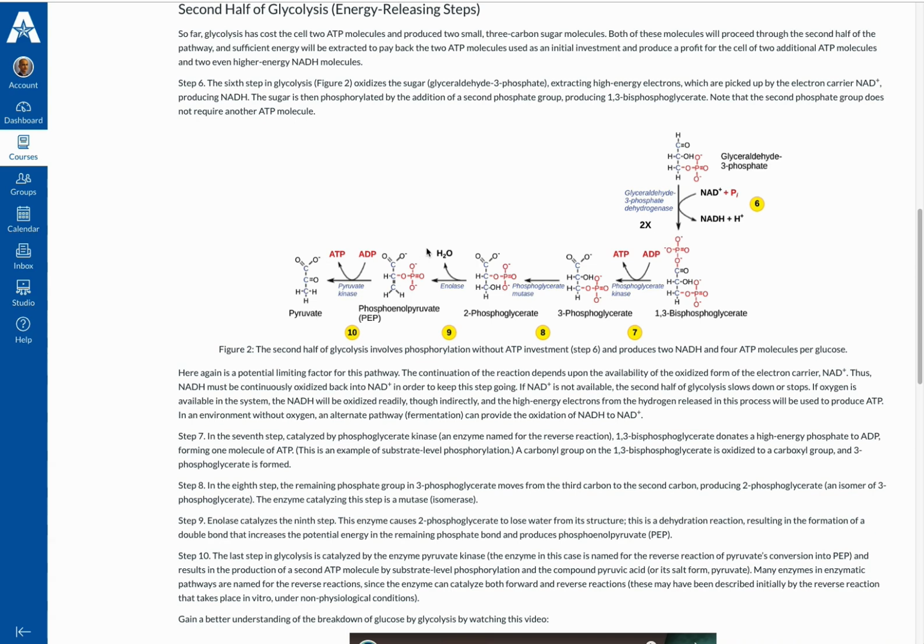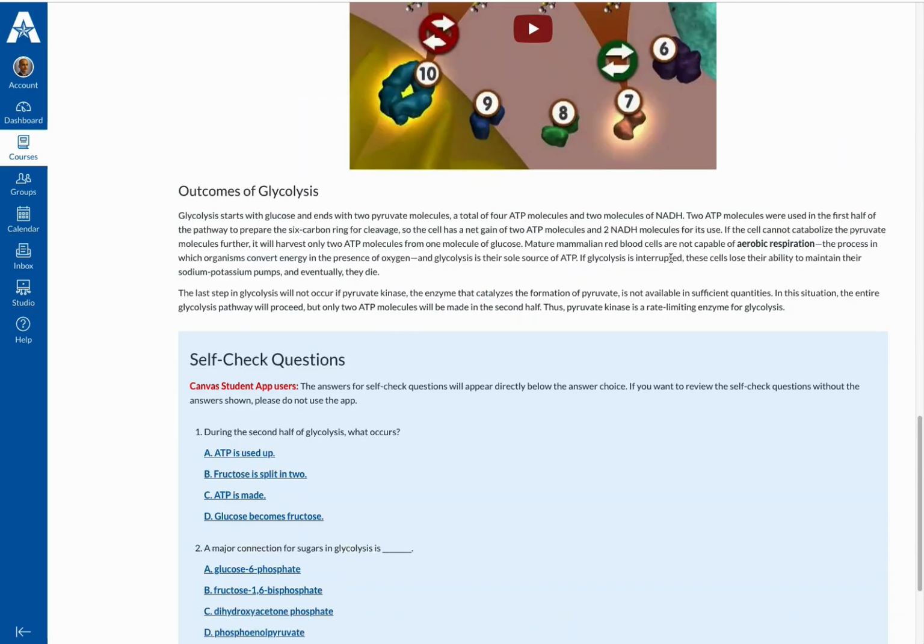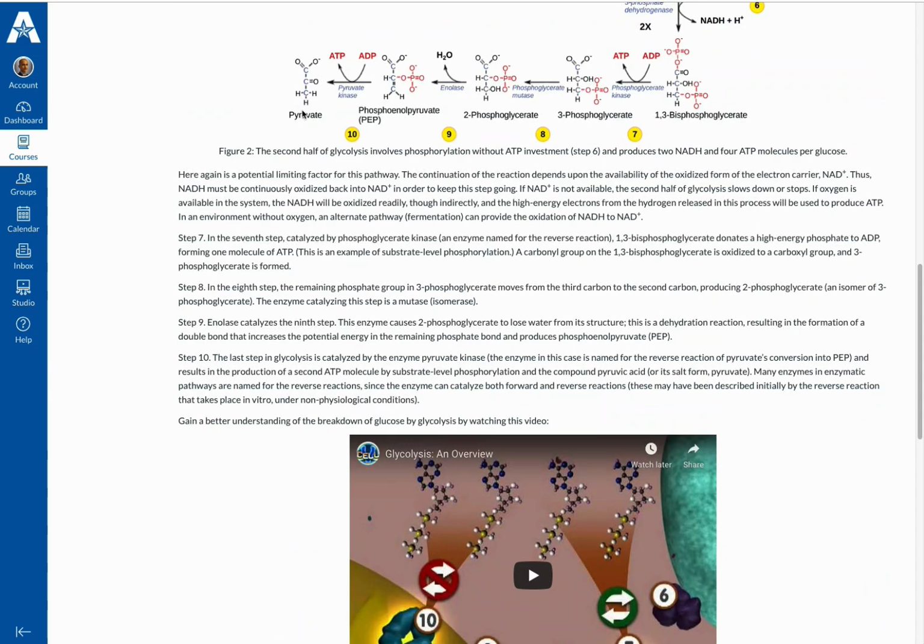So we actually generate 4 ATP and 2 NADH from those 2 glyceraldehyde 3-phosphates. However, we also spent 2 ATP to get this process started, so glycolysis essentially results in a net result for the cell of 2 NADHs and 2 ATPs. And remember, we are left behind with 2 pyruvates as well.